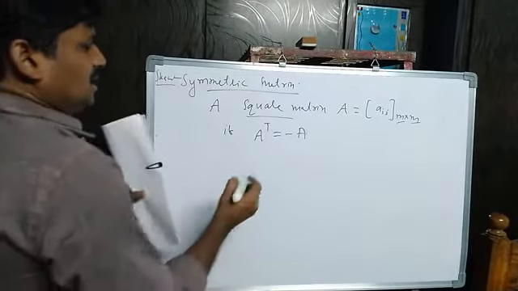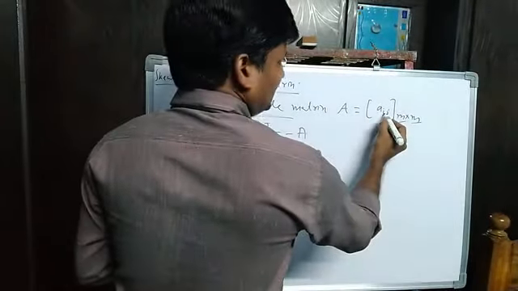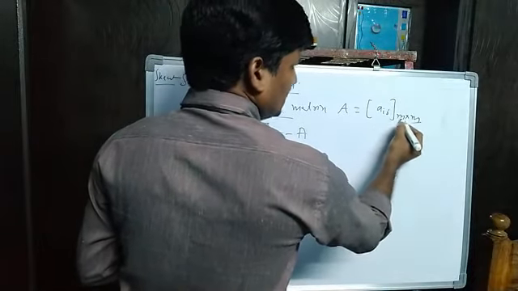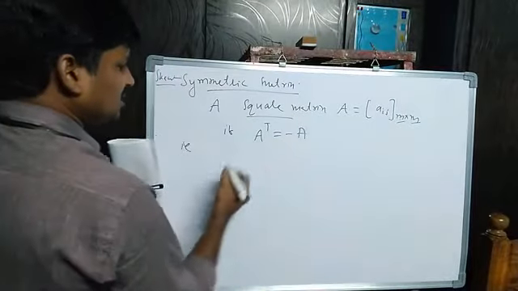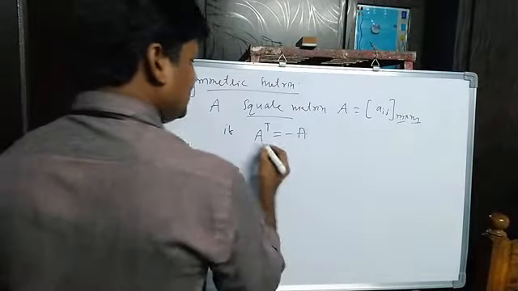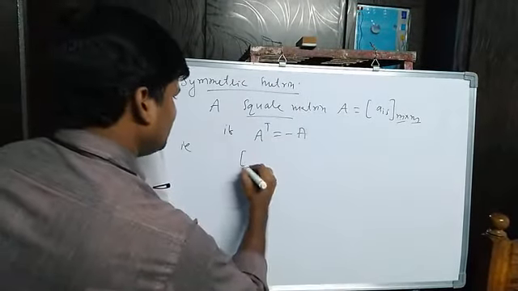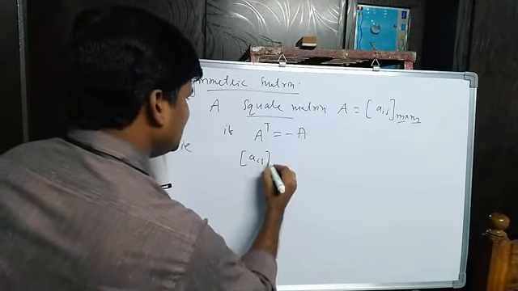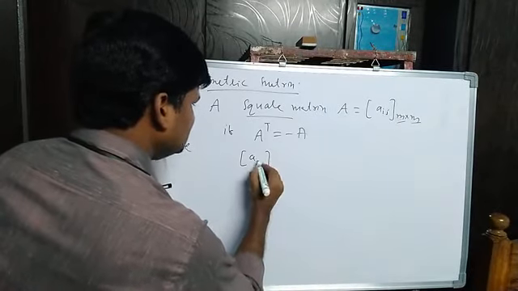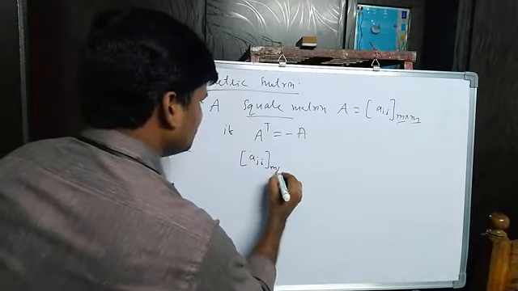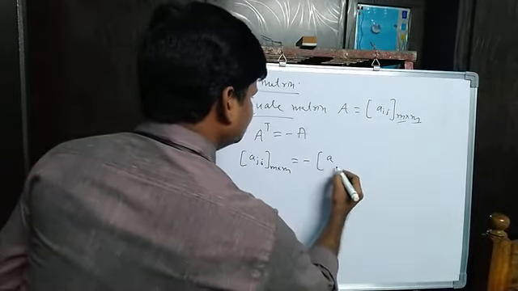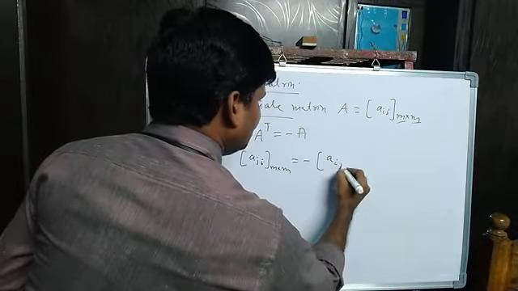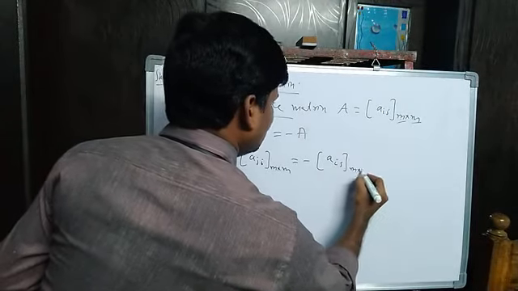Just observe here, i rows, j columns: rows are m, columns are also m only. How can you see this? A transpose equals minus A. A transpose means [aji] m by m is equal to minus [aij] m by m.